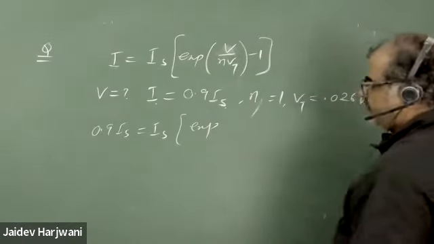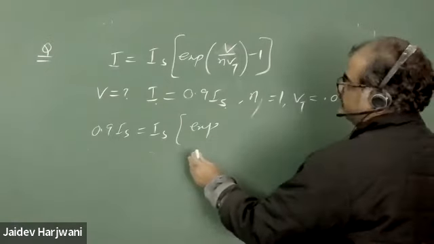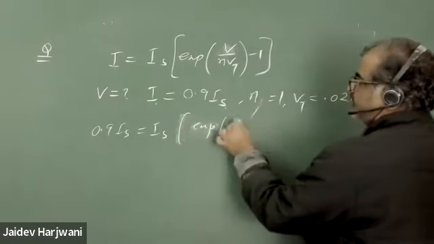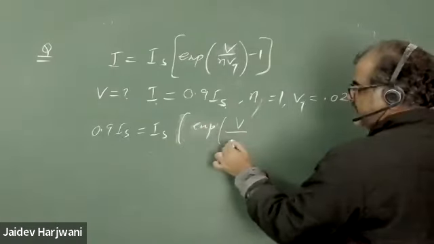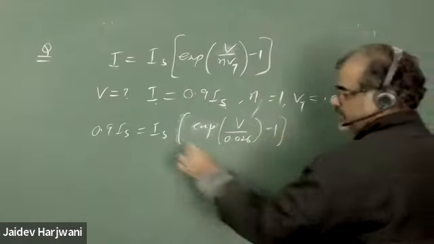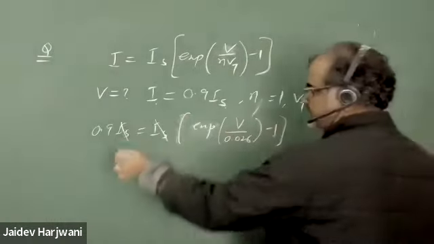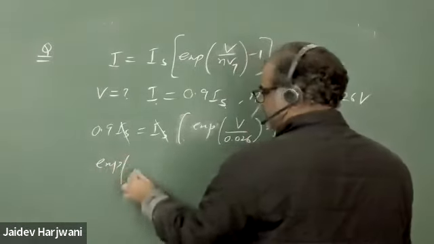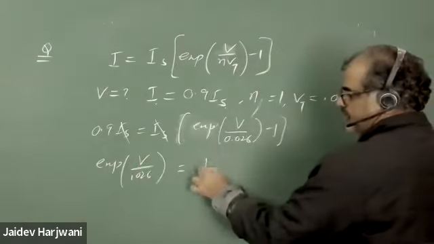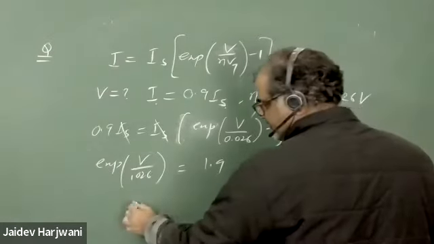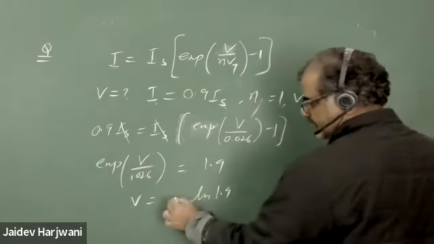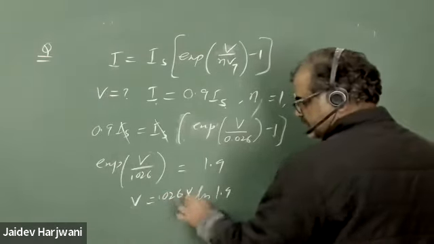Now open this one, so this becomes IS exponential of V upon eta Vt, eta is 1, Vt is 0.026, minus 1. IS cancels, so this 1 goes there, so you have exponential V upon 0.026 equals 1.9. Now if you want V, V becomes ln 1.9 into 0.026.